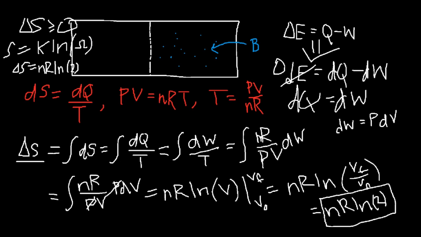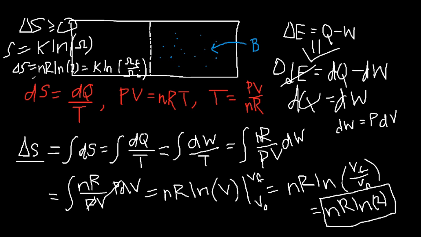So how is this related to omega? This nR ln 2 is also equal to k ln of the change in our microstates, or our final microstates over our initial microstates.